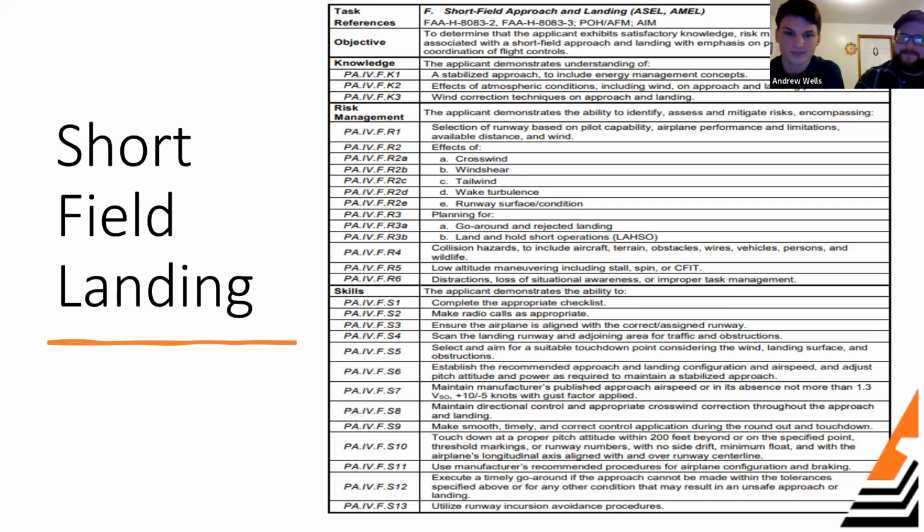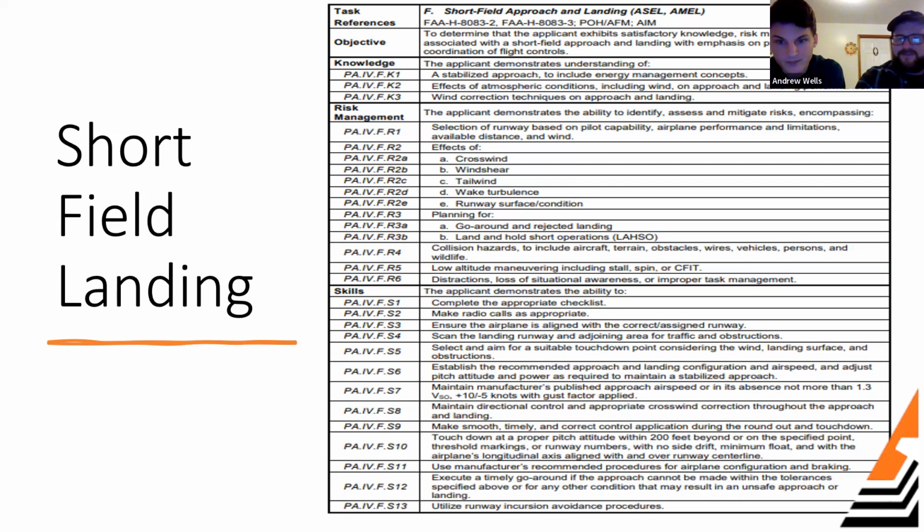All right. As we see here, this is a chart. Touchdown at the proper pitch attitude within 200 feet beyond or on the specified point. So you have 200 feet. That's about 2 center stripes. If you're aiming for the numbers, you have to make it down before the end of the second center line stripe.